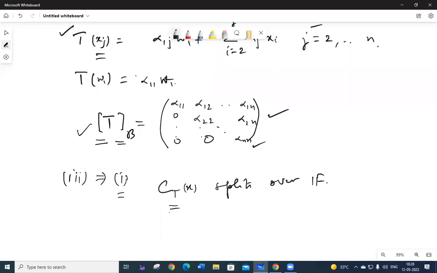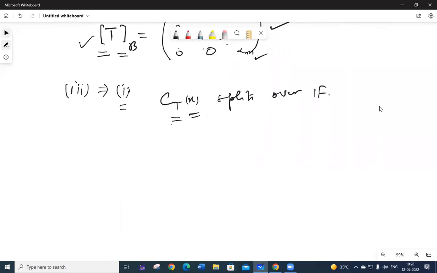So C_T(x) splits from this. All right, so this proves that if M_T is not factored into distinct linear factors, then it is triangular. Then we can triangularize this.